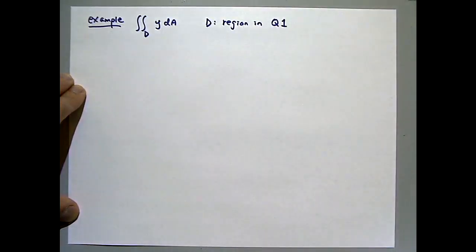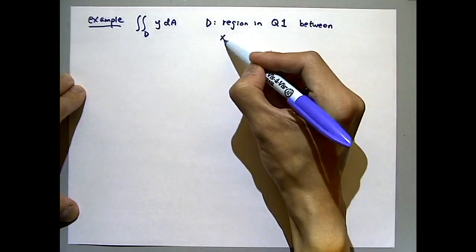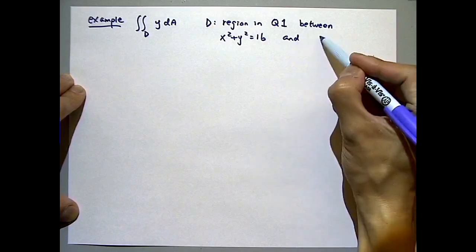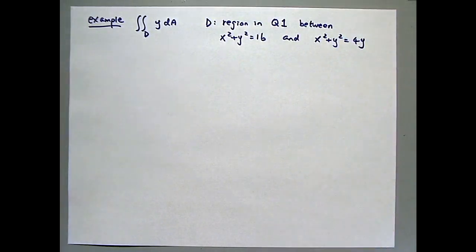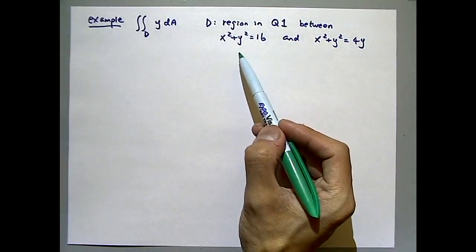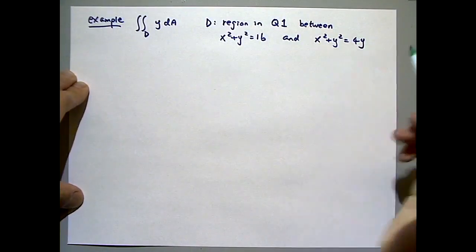Here, D is the region in the first quadrant between x squared plus y squared equals 16 and x squared plus y squared equals 4y. This one is clear: a circle centered on the origin with radius 4, right? This other one is a little bit less clear.